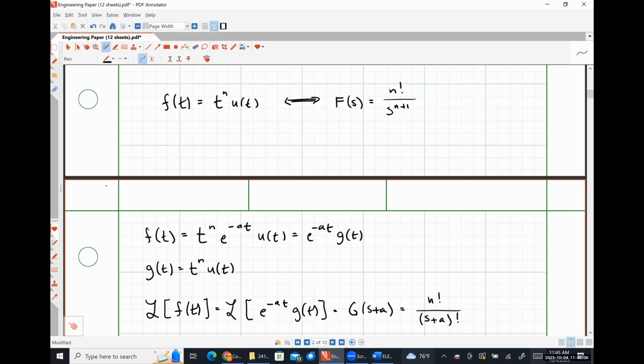Looking at the frequency shifting property of the Laplace transform allows me to split this into e to the negative at times a function that I know the Laplace transform of, s plus a to the n plus 1, sorry, not factorial. Yep, that's just me being a jackass. You're absolutely right. N plus 1 there.